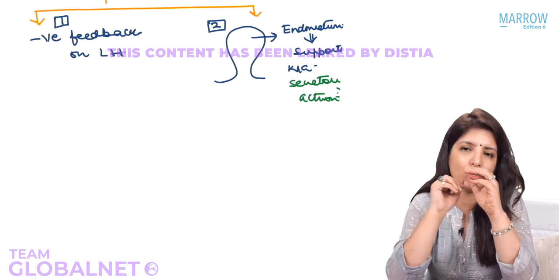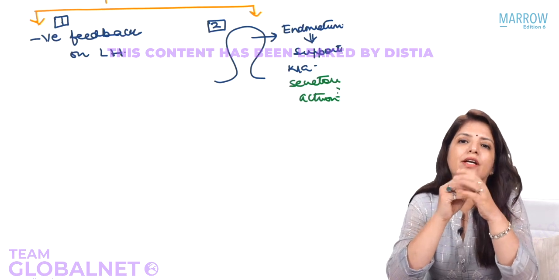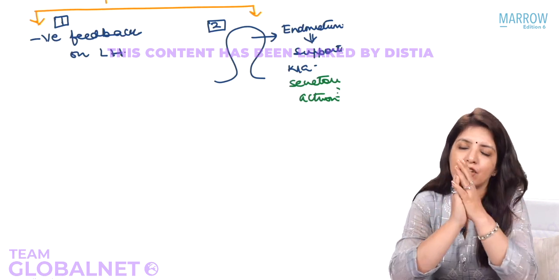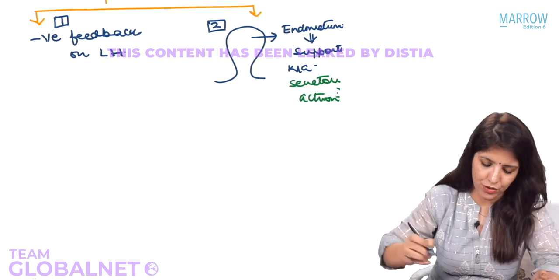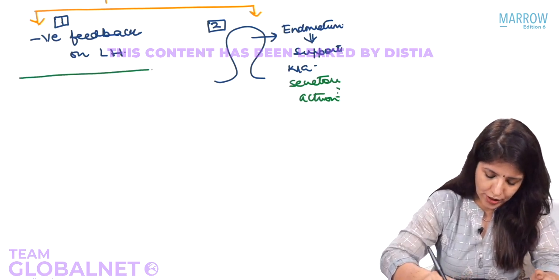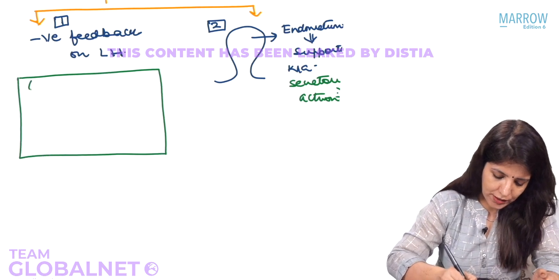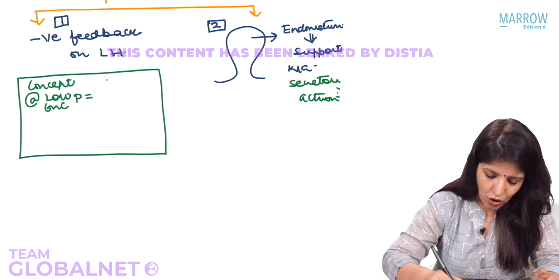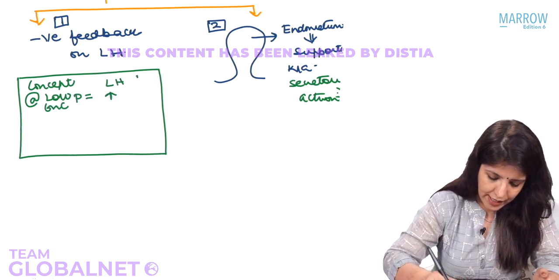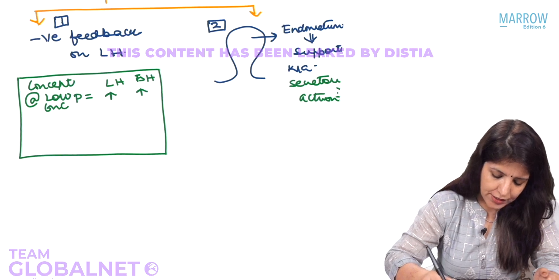It is in maximum concentrations. And now ma'am is telling it is decreasing LH. And that is exactly how progesterone acts, right? So write down here an important concept. The concept is: at low concentrations, progesterone increases LH and increases FSH.